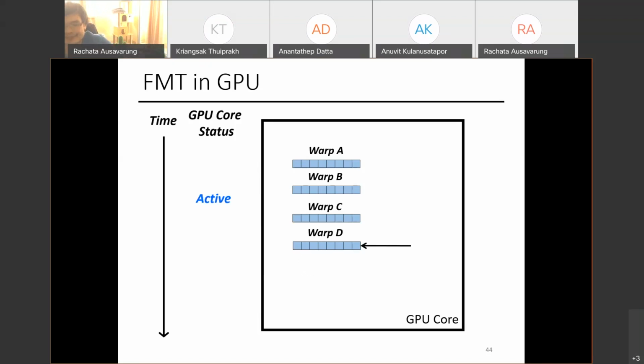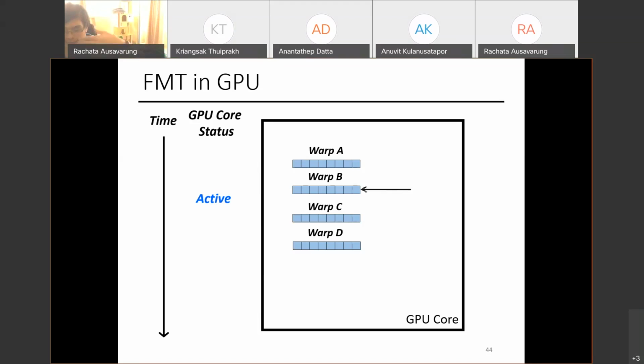The entire group of threads gets forwarded through fetch, decode, execute, memory, and write back. Let's say warp D is in fetch right now. The next cycle, you put the next warp, C, into the fetch unit, and warp D moves from fetch to decode. This way, if warp D has any dependency, the next instruction in warp D would only happen once warp D gets out of the pipeline.